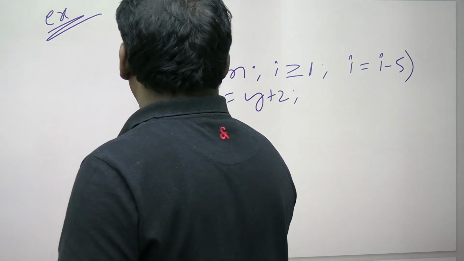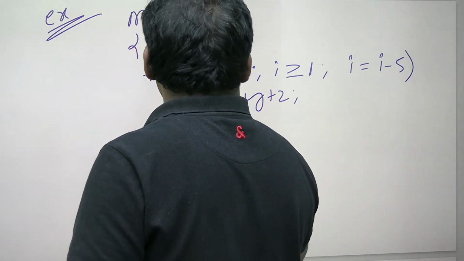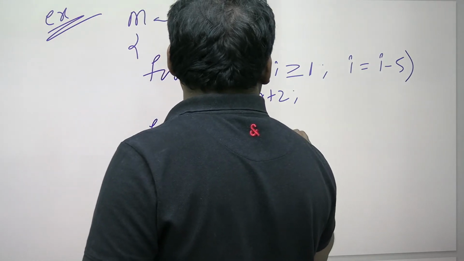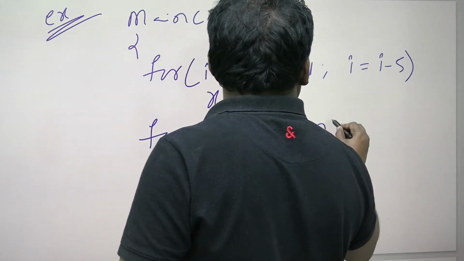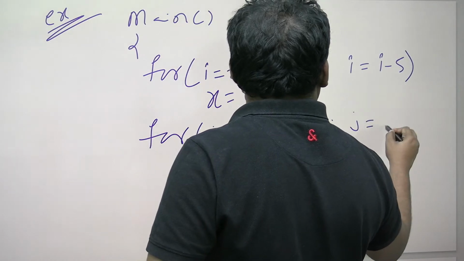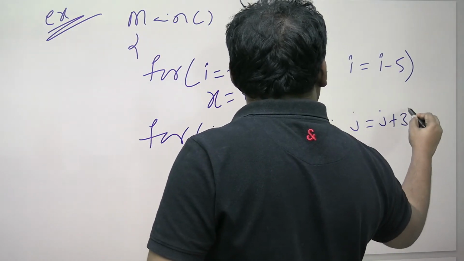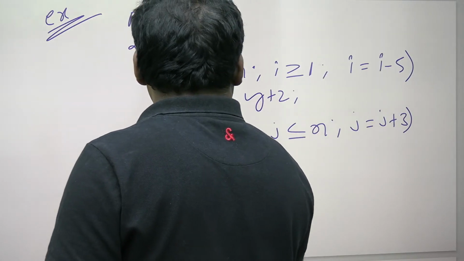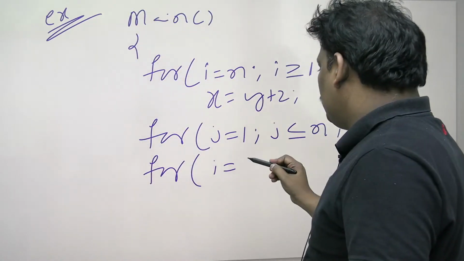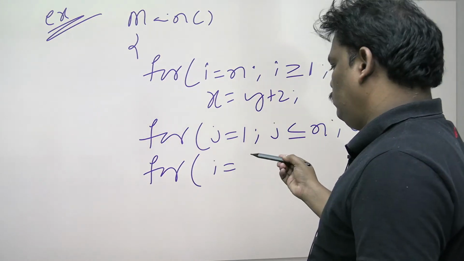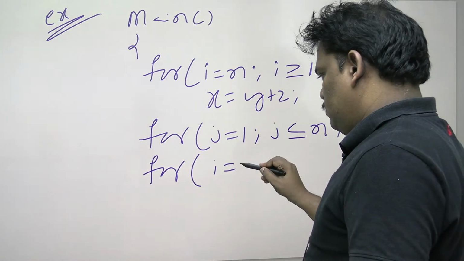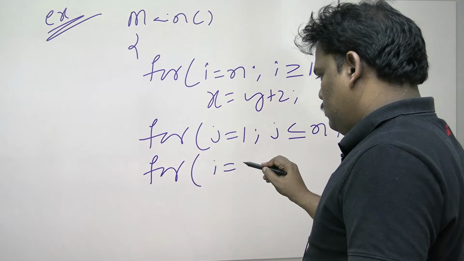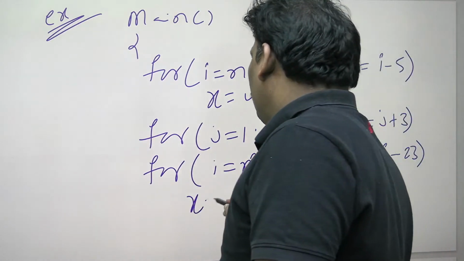For j equal to 1, j less than or equal to n, j equal to j plus 3. For i equal to n square, i greater than or equal to 1: x equal to y plus z.